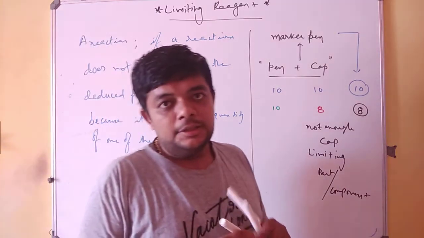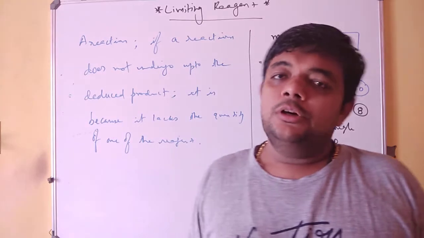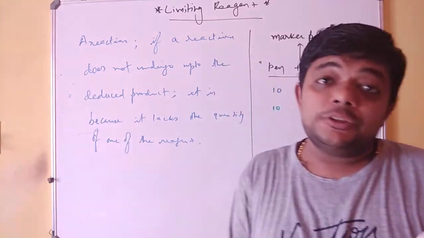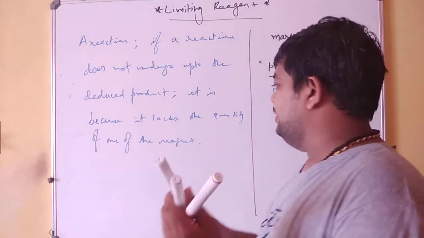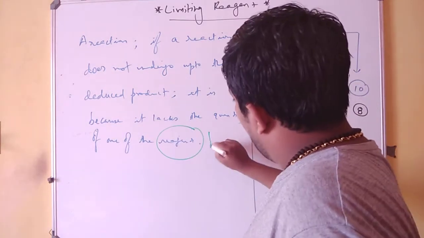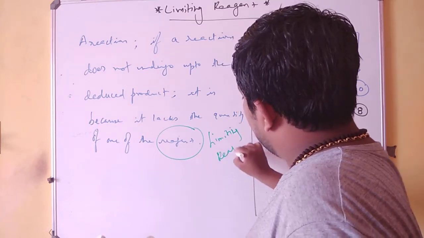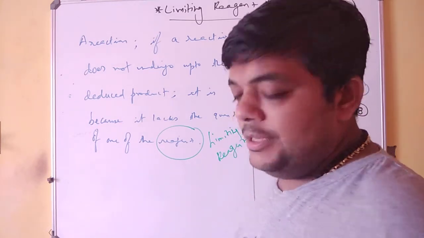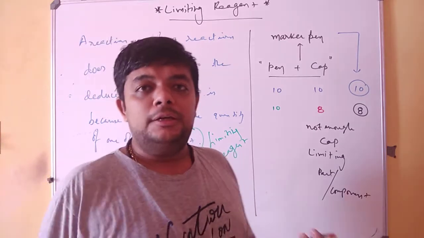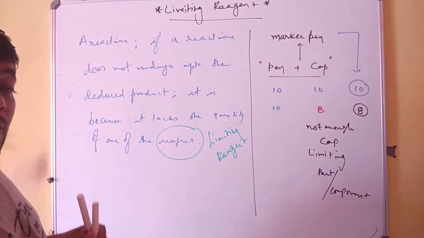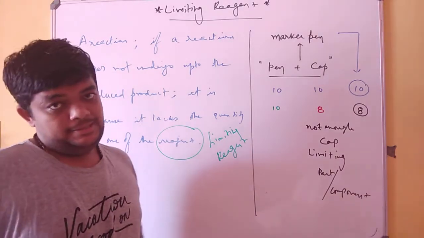This reagent, which does not allow a reaction to go completely as deduced from the theory, is called the limiting reagent.